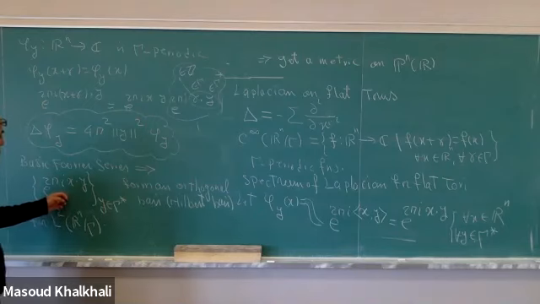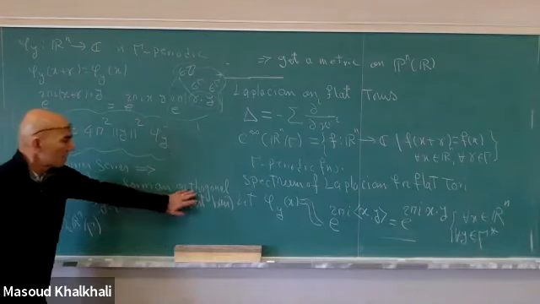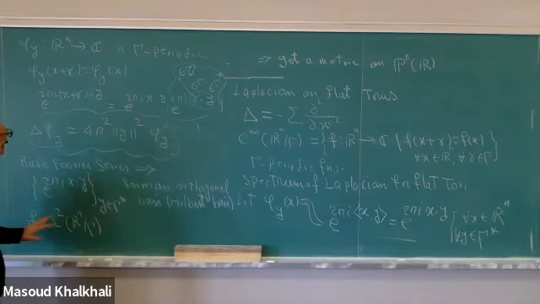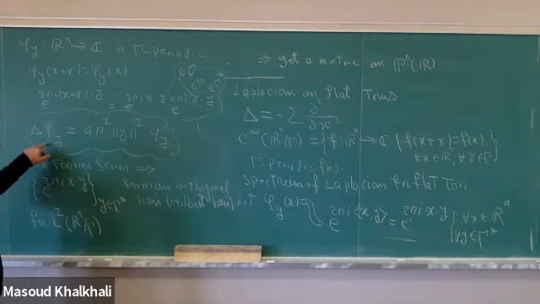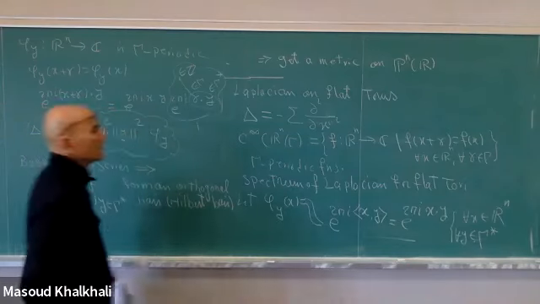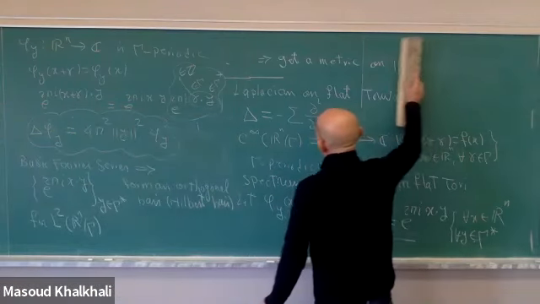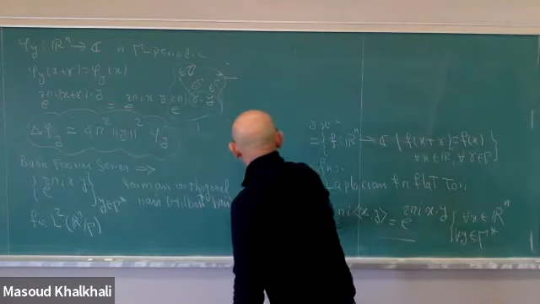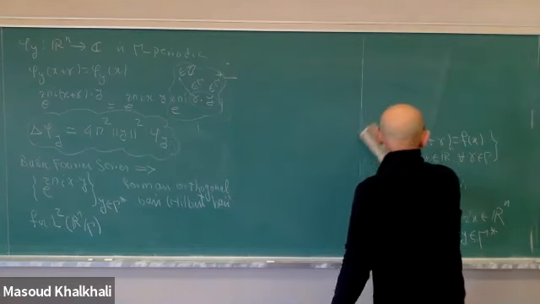Now, to know whether it's orthonormal, let me not discuss this right now. But from here it follows that what you found here is a complete set, a complete spectrum of the Laplacian.